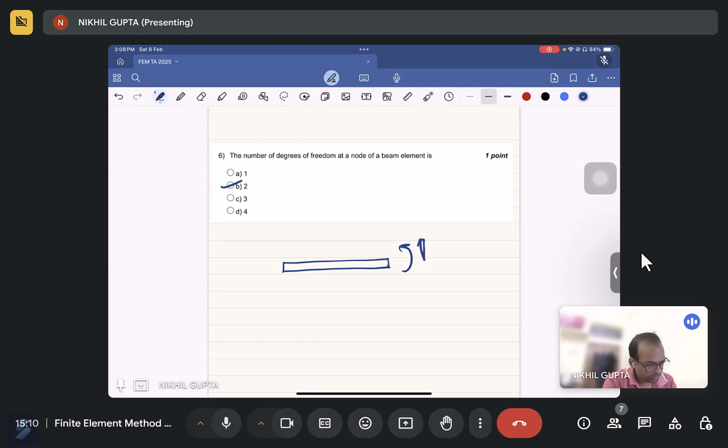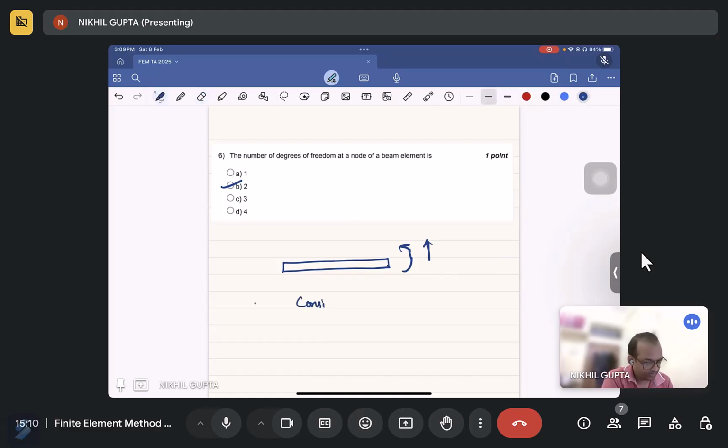Okay. What about the X direction? No, we do not have that in beams. We don't consider X load. So generally, if it is given as a beam element, you don't have to consider it because it is written down.